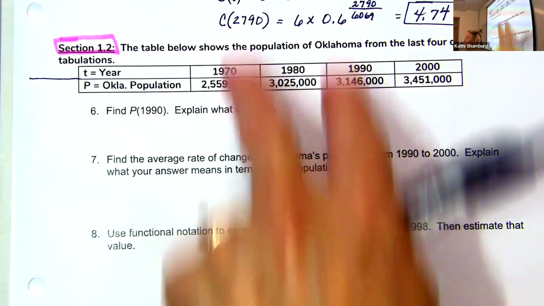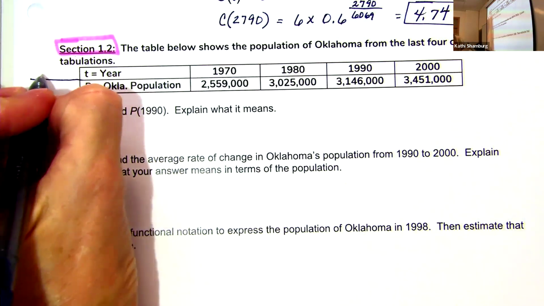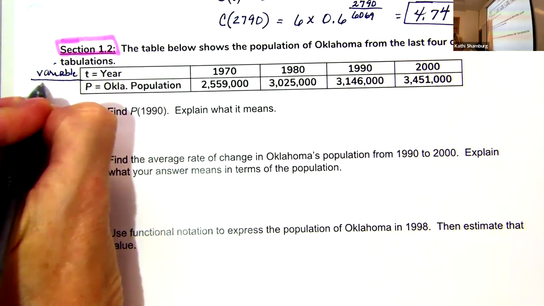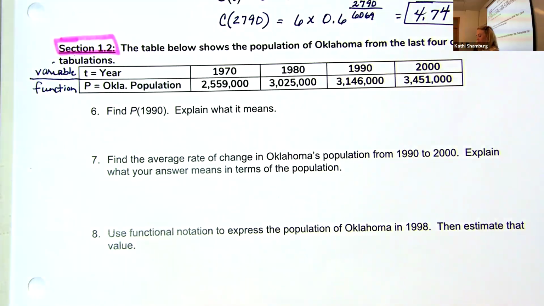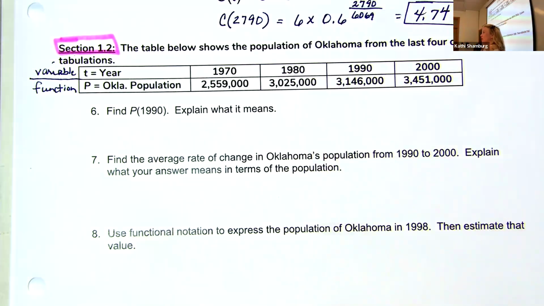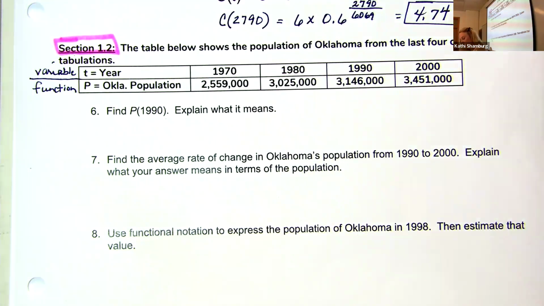You might encounter a vertical table, so be able to do from either. So what goes on top, function or variable? Variable. Always, always, always. So this is your variable. This is your function. Now, does anybody remember what got introduced on the table that we had to calculate? There was a formula. Average rate of change. So expect that on the test.